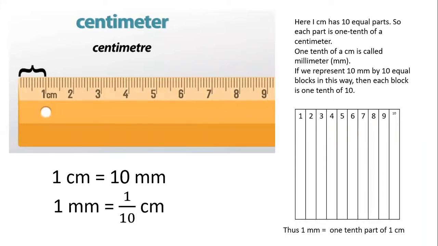So that's what I wrote on the screen, you can see. So 1 centimeter is always equal to 10 millimeters. If I want to write millimeters in terms of centimeter, 1 millimeter is 1/10th of the centimeter. It is the 10th portion of centimeter because 10 small lines is giving 1 centimeter.